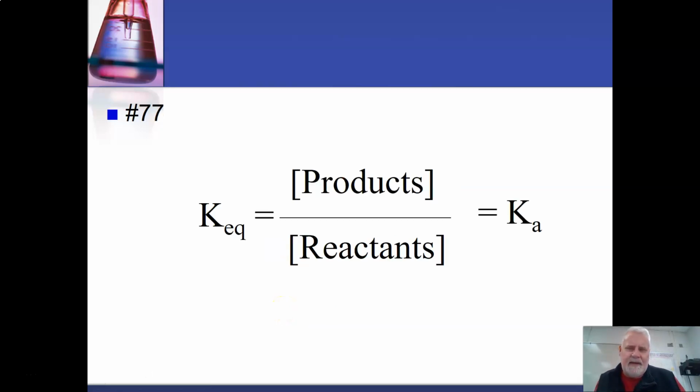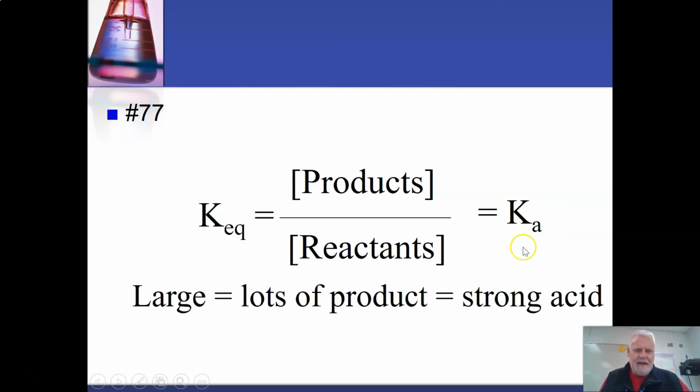Number 77, you know that the equilibrium constant is products over reactants. This is for an acid. It's called Ka, and it's special for an acid. If it's large, if it's a bigger number, that means you have more product and a stronger acid.